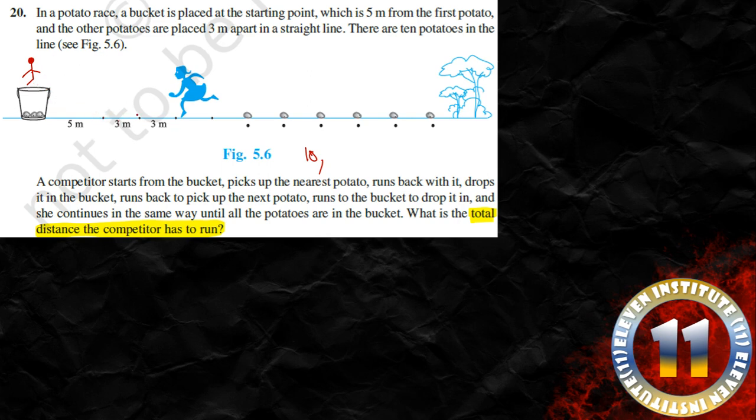This is the first potato, this is the second potato. Right. So competitor will start from here, collect the potato and again come back. So how much now he has to travel? 5 plus this 3. 5 plus 3, 8. 8 for going, 8 for coming back. So this time the competitor travels 16 meters of distance.